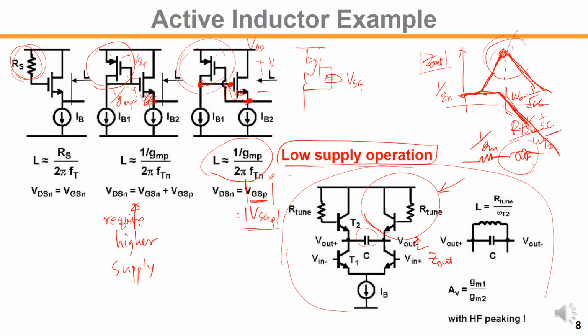So this is without inductor L, and this is with L. We describe this as the inductor tuning out the capacitance at the load, so you can boost up the gain, right? So the C is tuned out by L.